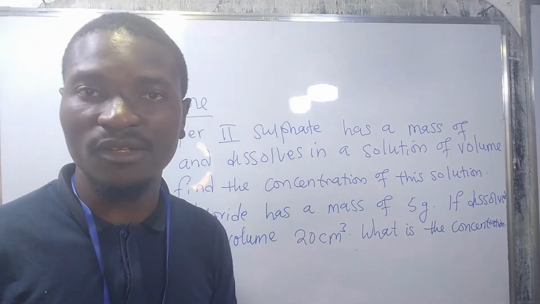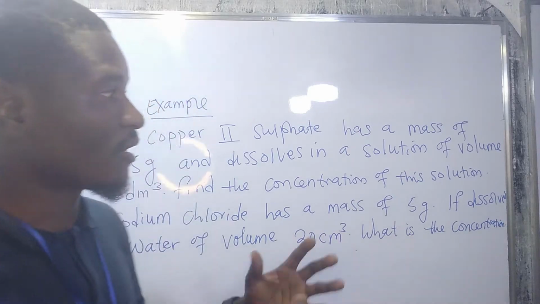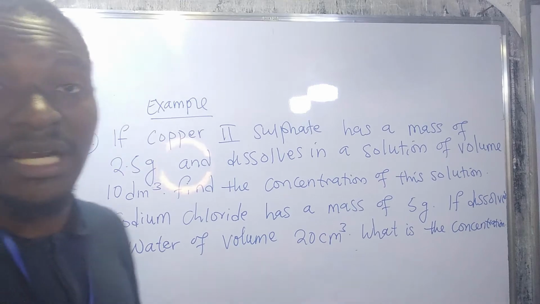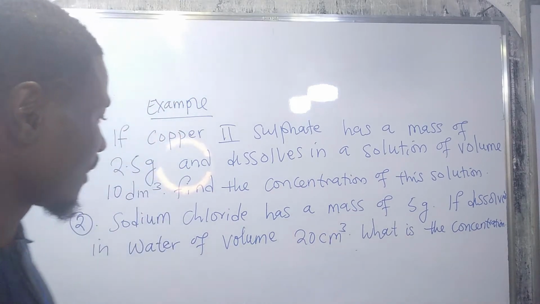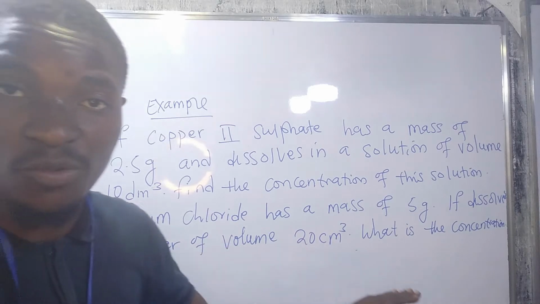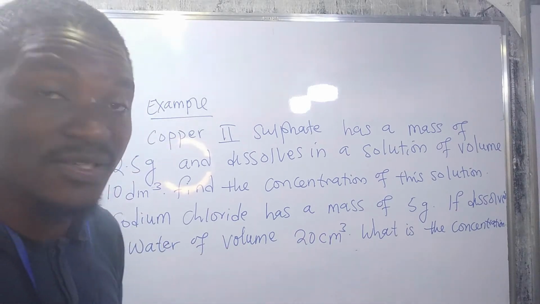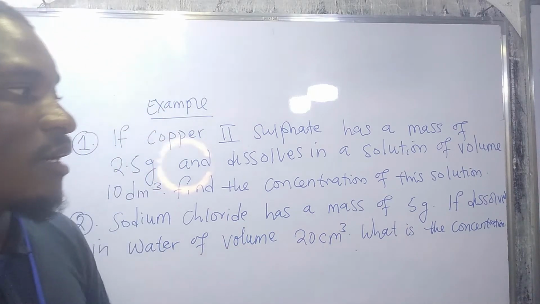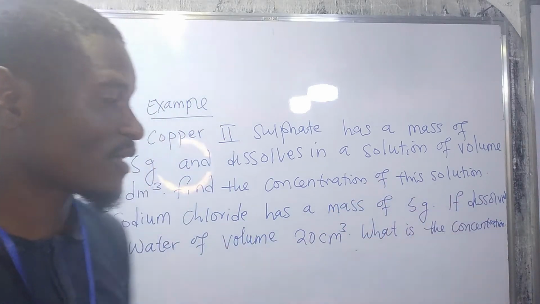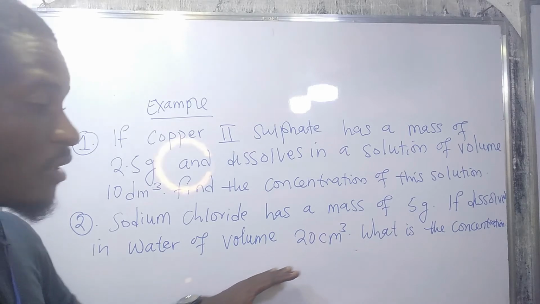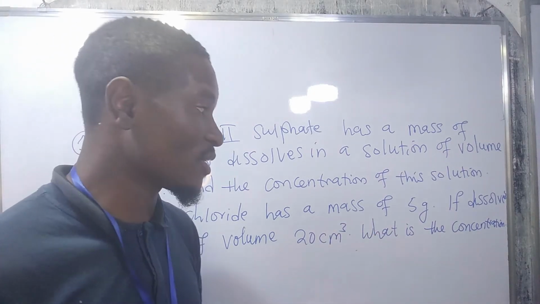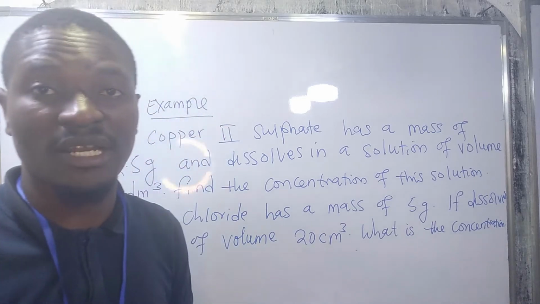So we need to find the concentration of the solution given that the solid being dissolved was copper 2 sulfate. Now let's go to number 2. You're saying that sodium chloride has a mass of 5 grams. If it dissolves in water of volume 20 cubic centimeters, what is the concentration of this solution that is formed?